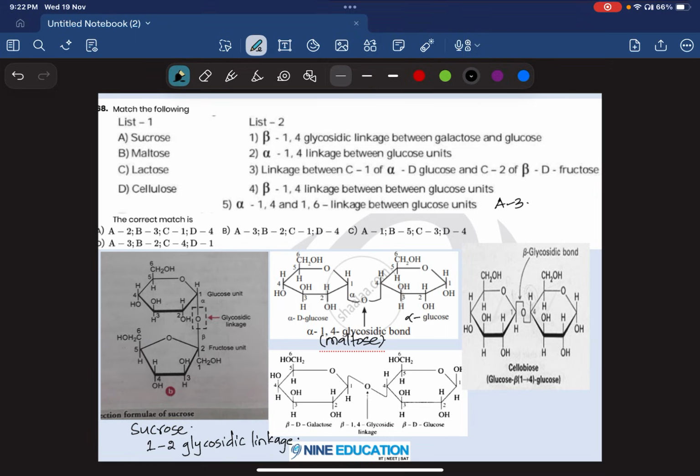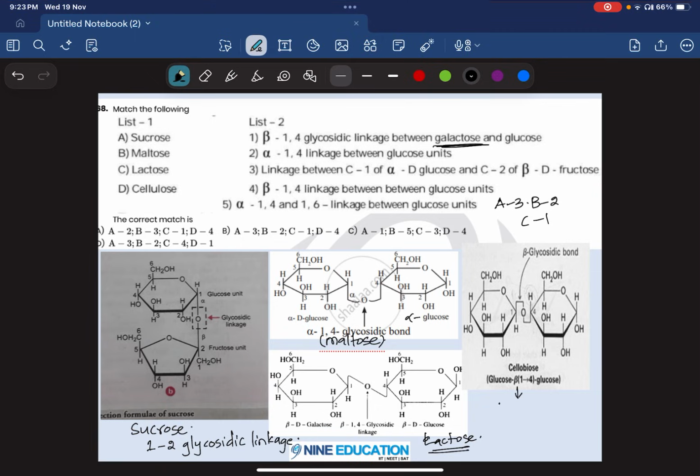Then C. C is nothing but lactose. Lactose is made up of a unit of galactose and a unit of glucose. So look for the option where there is a galactose. So C is option 1. Then D, cellulose.